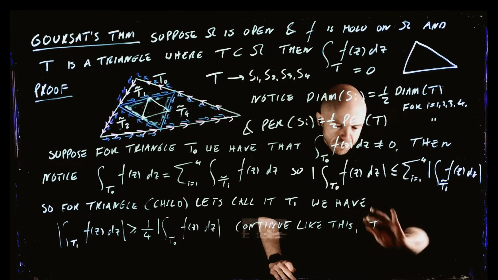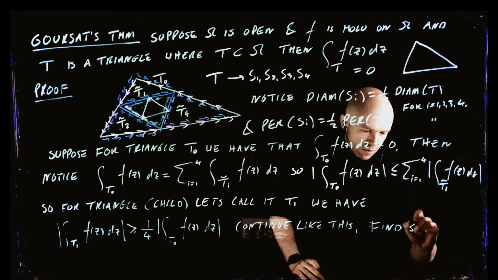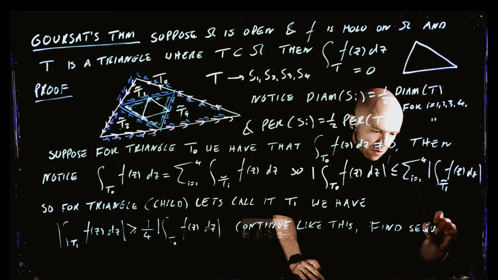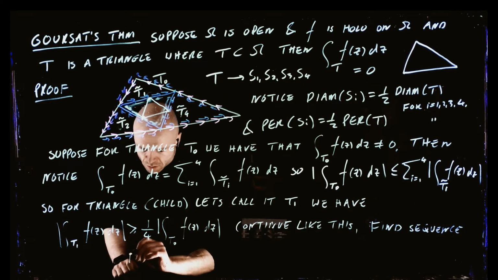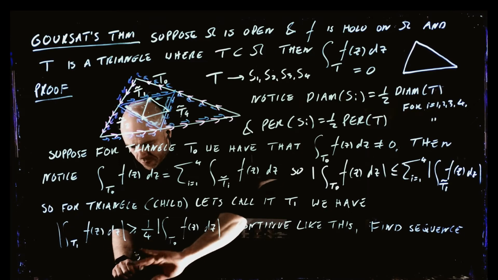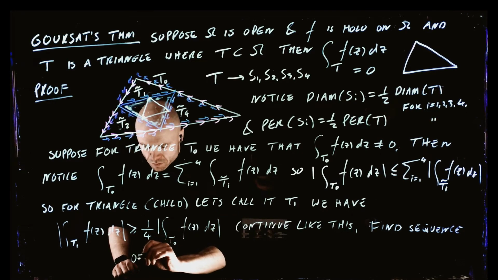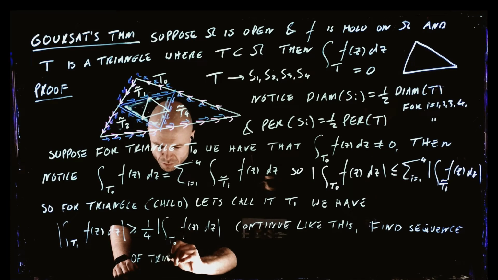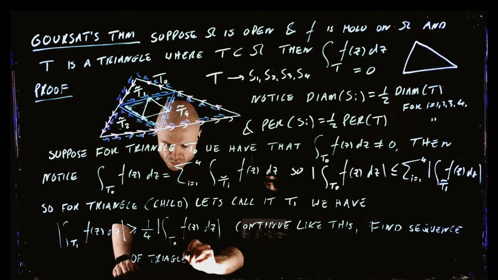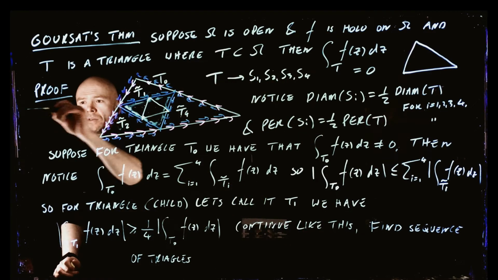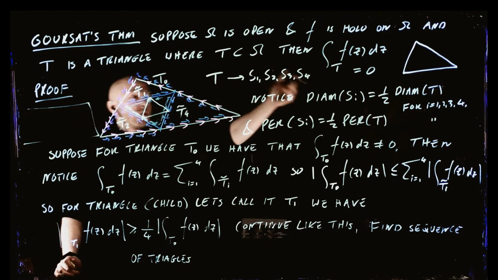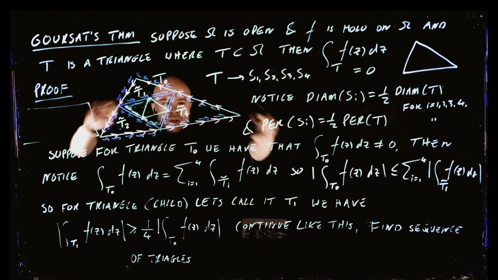We find a sequence of triangles. Now we're going to have to do some notation to be strictly accurate. So I'm defining the triangle to be just these 3 line segments.